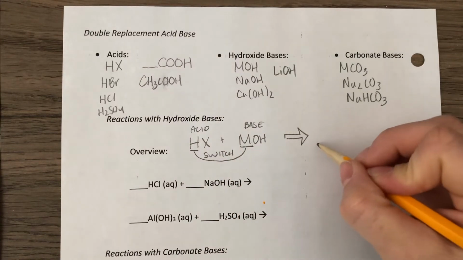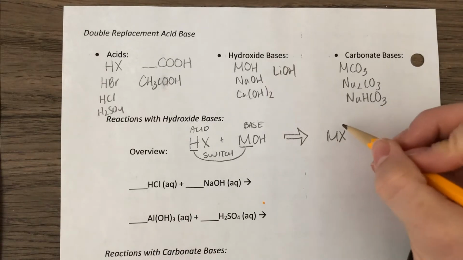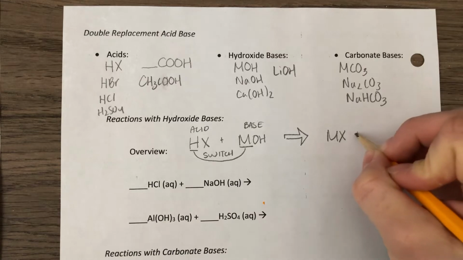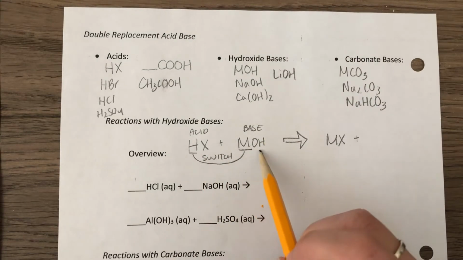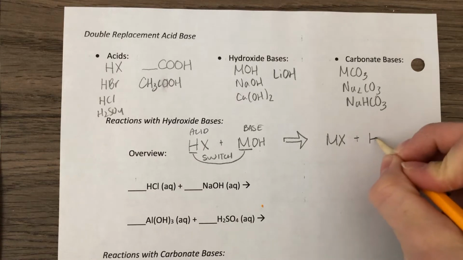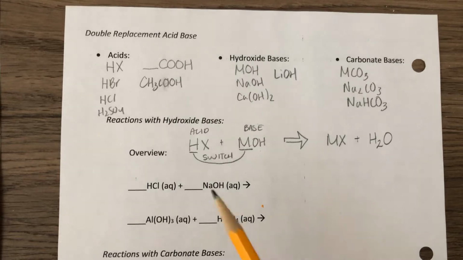So that means the metal is going to get with whatever X is. That's going to make an ionic compound. Of course, we're going to balance the charges for that. And then hydrogen is going to get with hydroxide. So if you think about what HOH is, 2 H's and 1 O, that's water. So this is going to be the general outline.